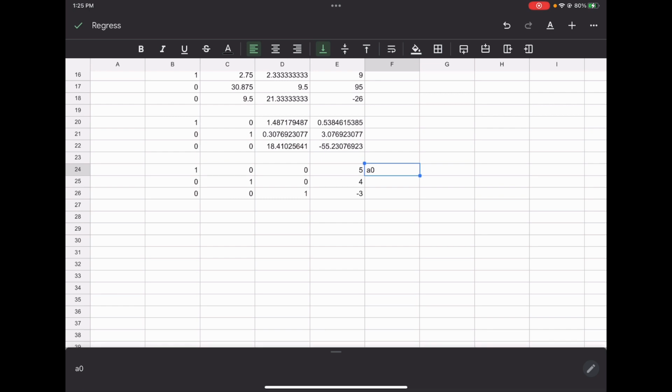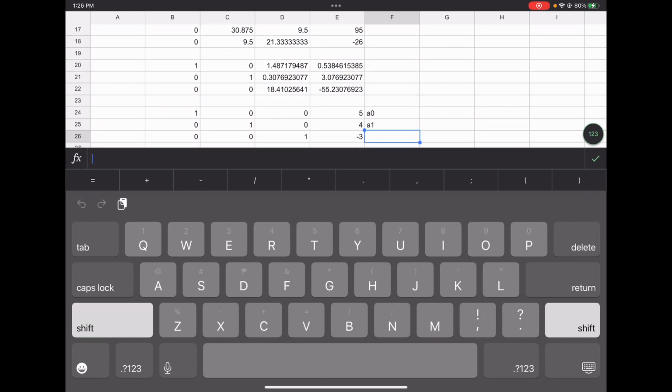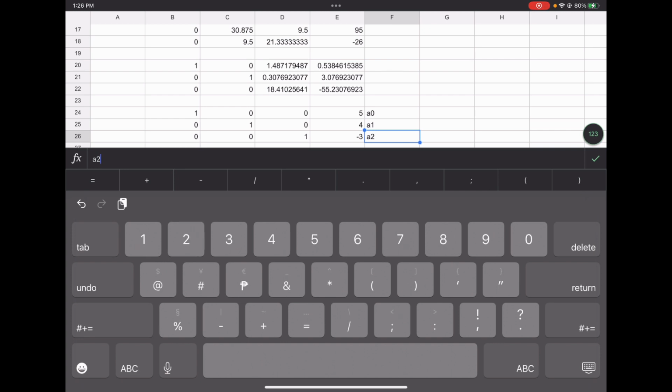So 4 will serve as our a sub 1. And lastly, this one will serve as our a sub 2.